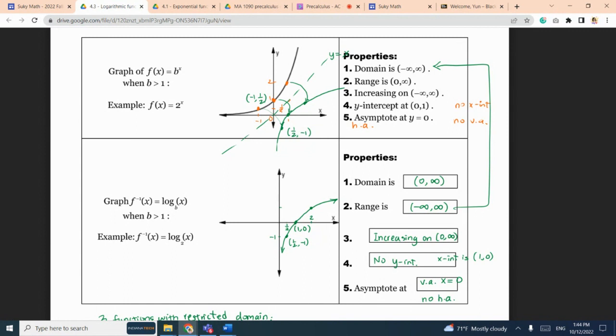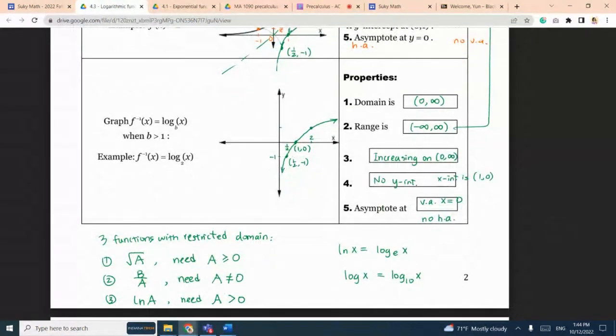So for the logarithmic function, we have the vertical asymptote x equals 0, and we do not have a horizontal asymptote. Now this is the new parent function. The exponential function like this, the logarithmic function like that. So keep that in mind.